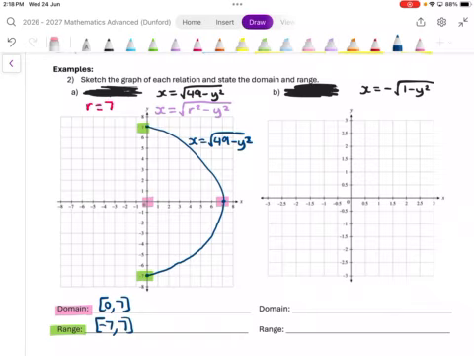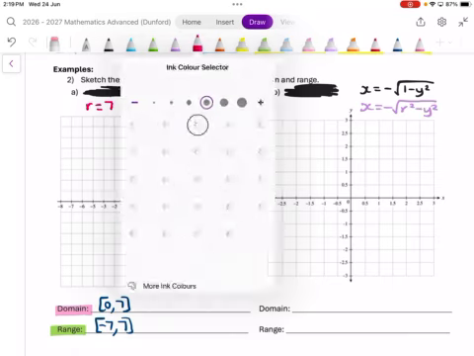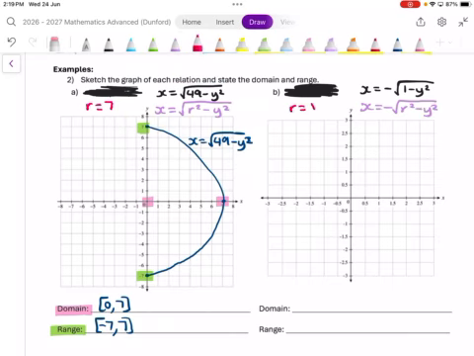All right. Our last one here is x equals negative the square root of 1 minus y squared. So it's in the form of x equals negative the square root of r squared minus y squared. And our r is the square root of 1, which is just 1.